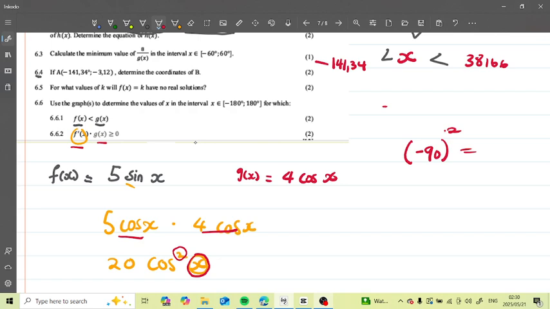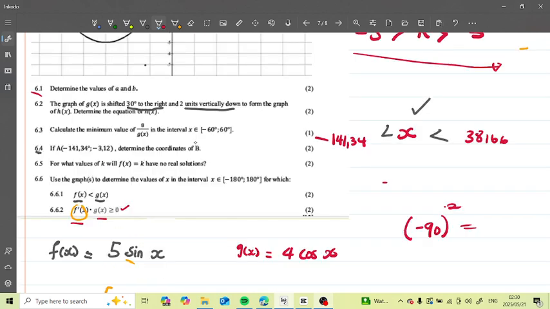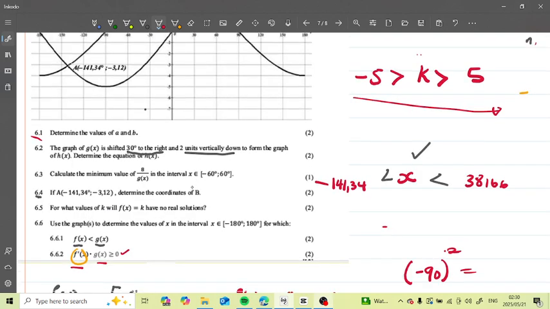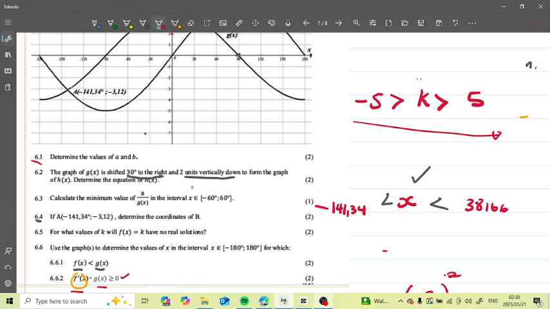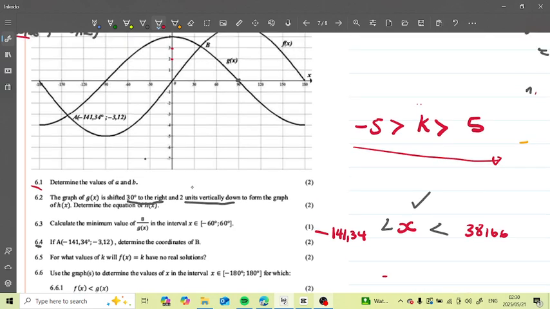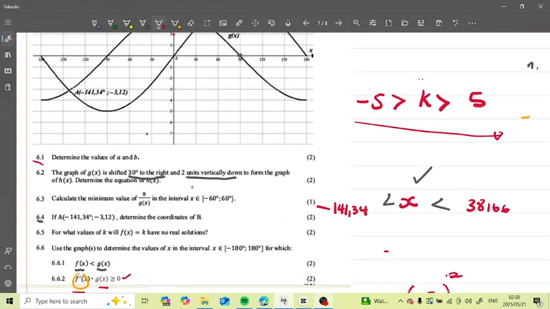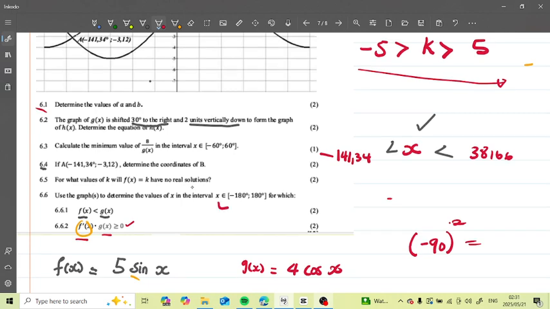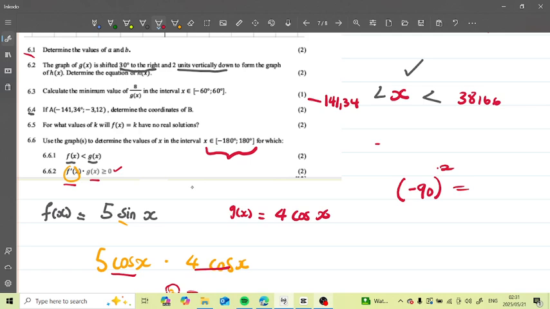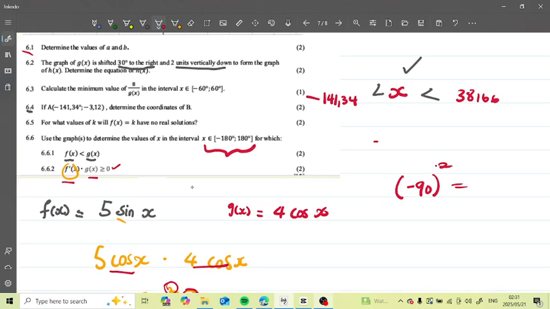because of the squared, the y values that we're going to get are always going to be greater than 0. Meaning that the y values for the whole of my graph would be greater than 0.